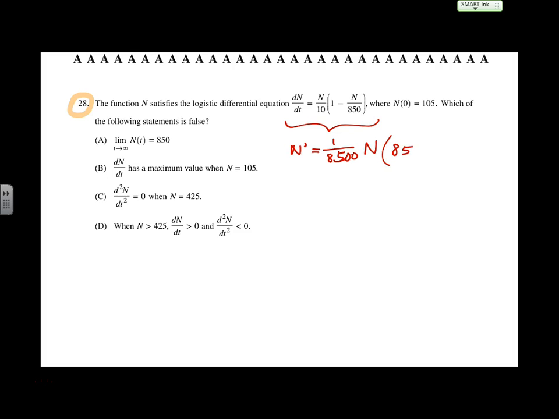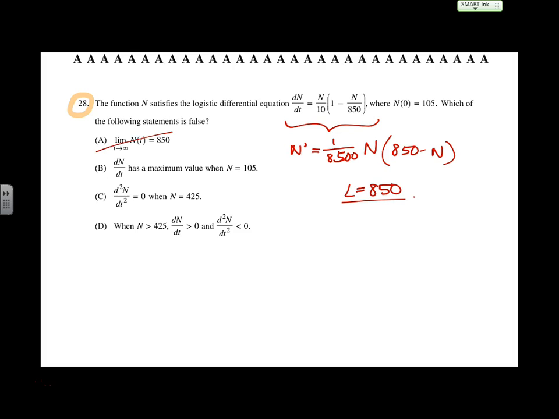Then we're going to have 850 minus N. So we have our kN times L minus N. So what's our limiting constant? 850. Which one is false? The limit as t goes to infinity is 850. No, that's very true. That's the limiting constant.